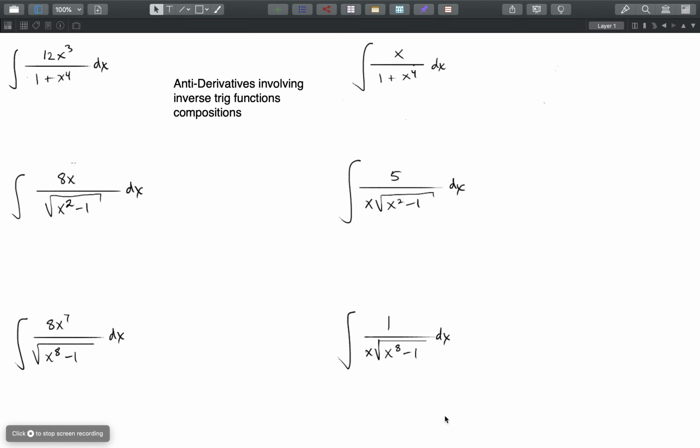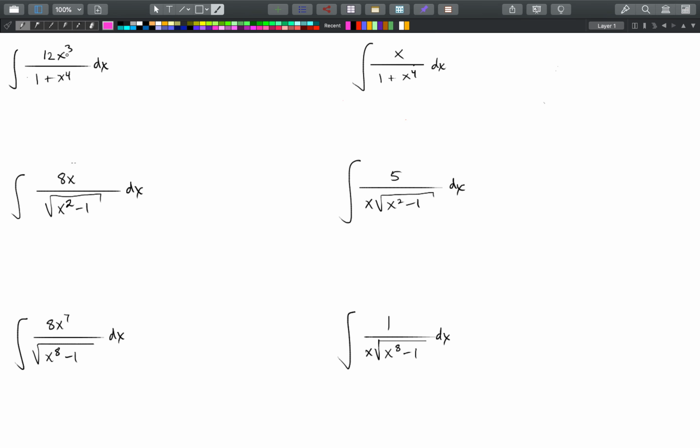Derivatives involving inverse trig functions and their compositions. So this first guy, we do not apply this technique to, but notice how it relates to the problem on the right.